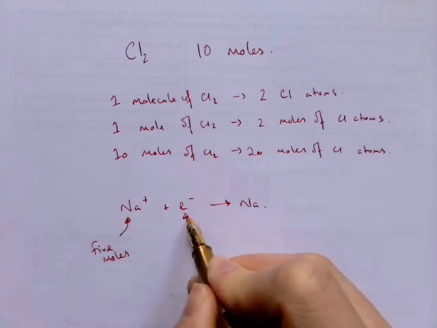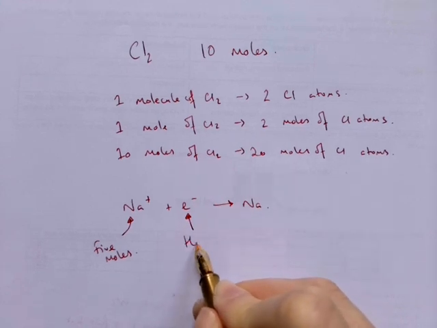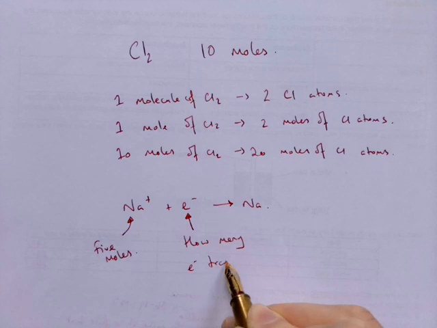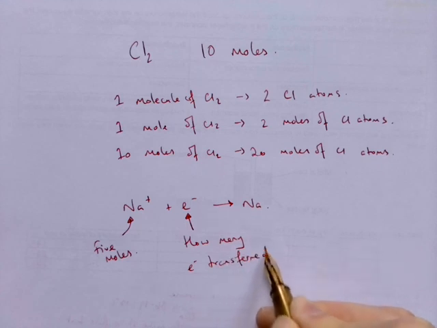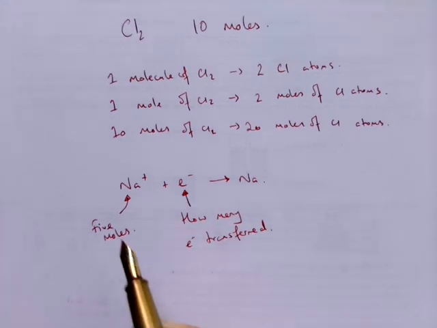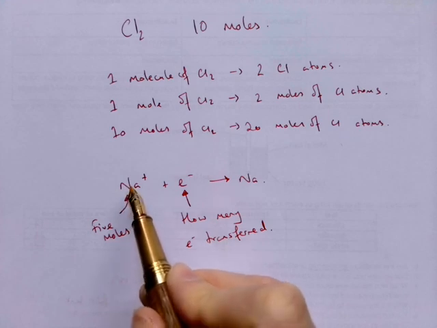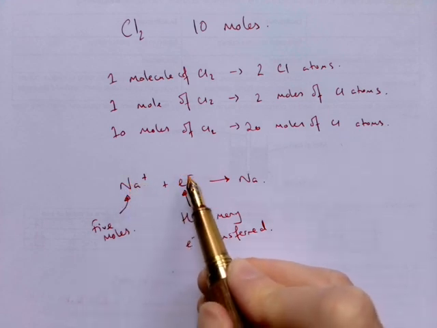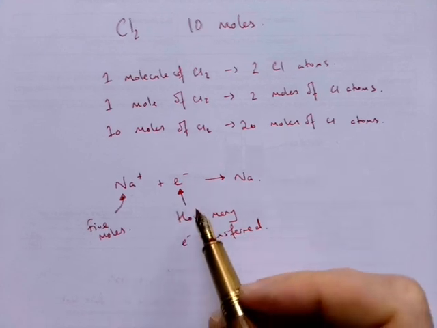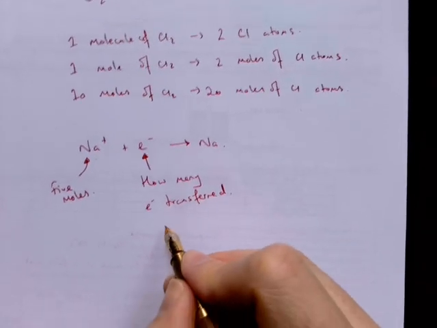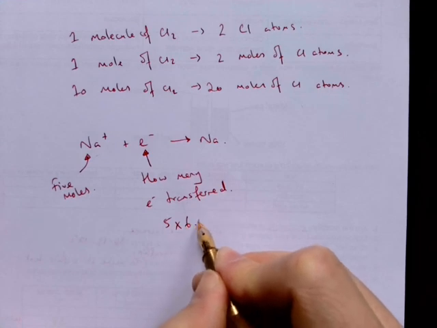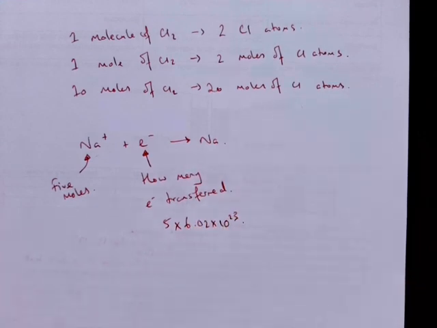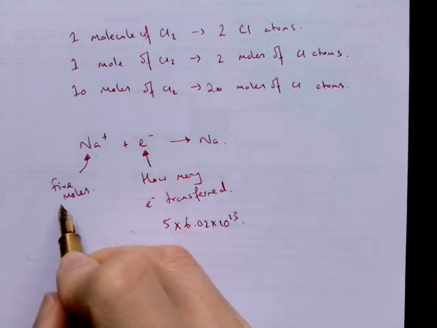How many electrons are transferred? Well, if I've got 5 moles of sodium ions, I need to add 5 moles of electrons. So it's going to be 5 times 6.02 times 10 to the 23 that will give you the actual number of electrons.